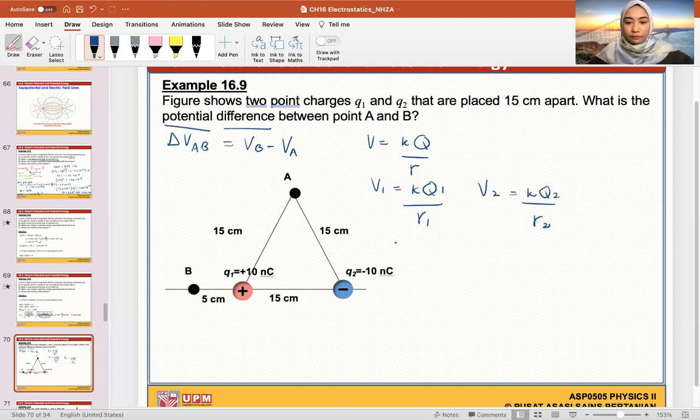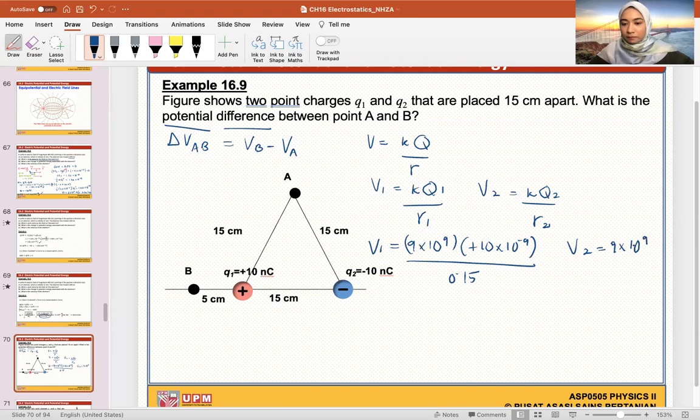Now let's substitute the values. K is 9 times 10 to the 9. Q1 is positive 10 nanocoulombs, 10 to the minus 9, over 0.15. So that is V1. And then we have V2, 9 times 10 to the 9.